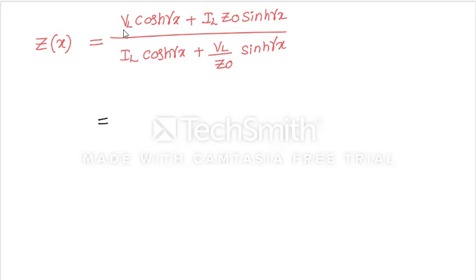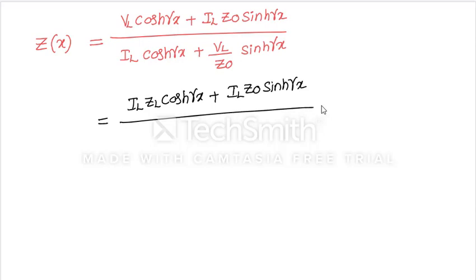So this VL I can replace with IL into ZL cosh(γx) plus IL Z0 sinh(γx), divided by IL cosh(γx) plus IL ZL by Z0 sinh(γx), isn't it?